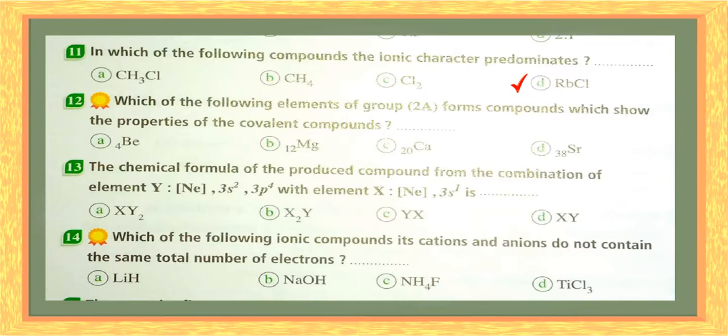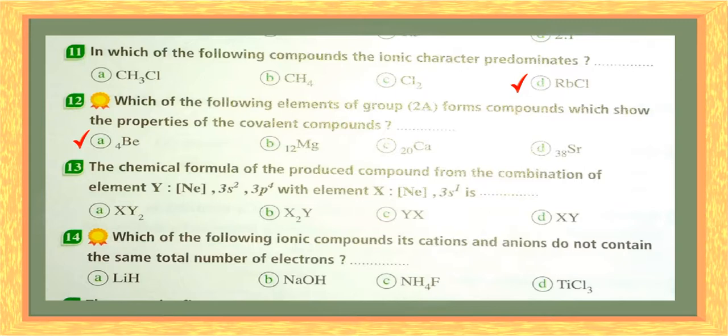Magnesium loses 2 electrons, so it belongs to ionic. Calcium also loses 2 and belongs to ionic. Strontium, the last one, also loses its outer 2 electrons. Beryllium, the smallest in atomic number, will form a share of electrons.